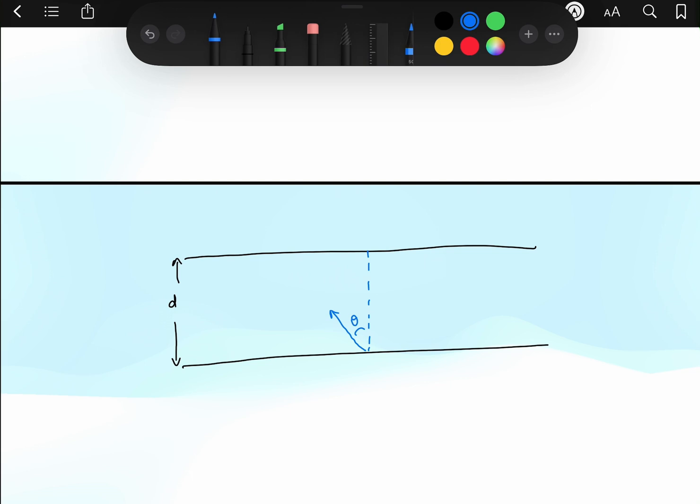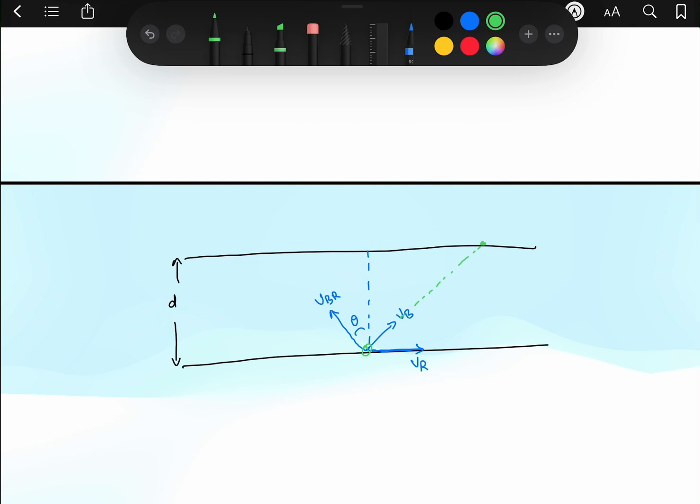So this is our velocity of boat with respect to river, this is our velocity of river with respect to ground, and this is our velocity of boat with respect to ground. If a boatman starts rowing his boat from here, then he will reach like this at this end.